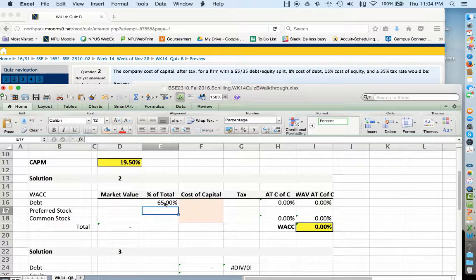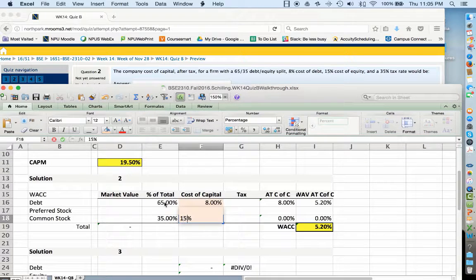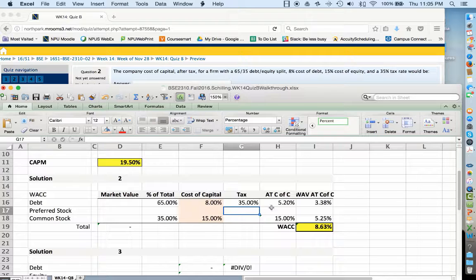We're also told that the debt has an 8% cost of capital, and the equity is 15%, and then we're given the tax rate that is 35%. So given that I already have my structure for the WACC set up, I can calculate the WACC at 8.6%.